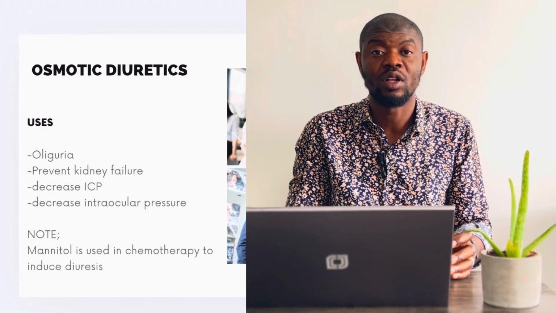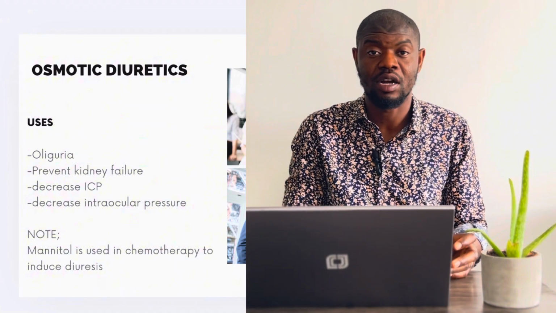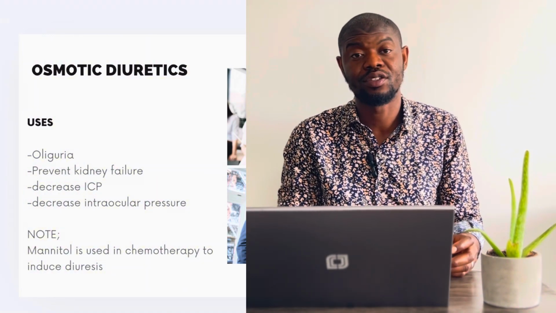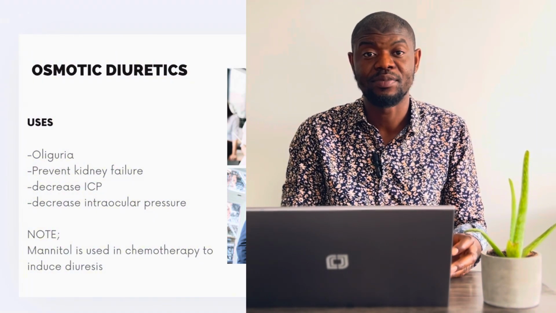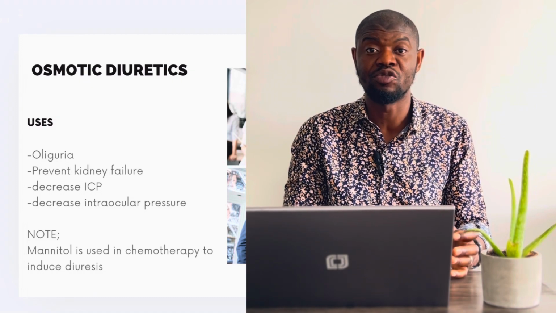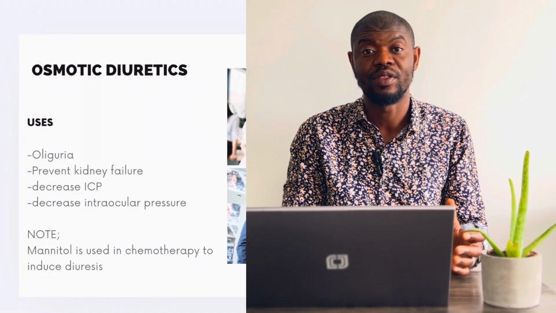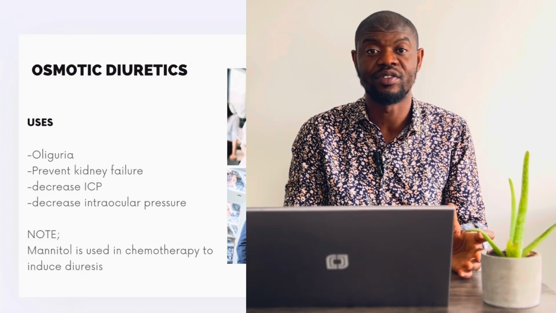Also, mannitol helps in reducing intraocular pressure. And I want us to note that mannitol sometimes is used in chemotherapy to induce diuresis when there is fluid overload or fluid retention.